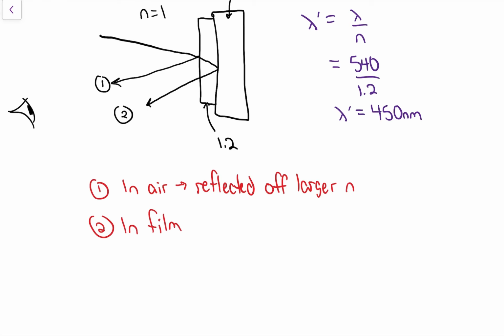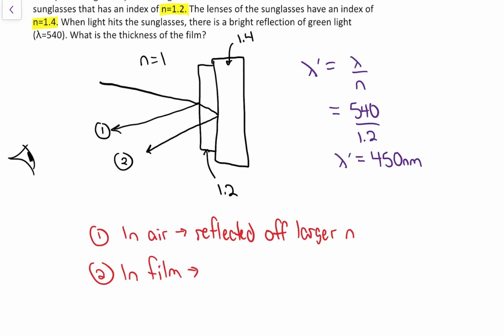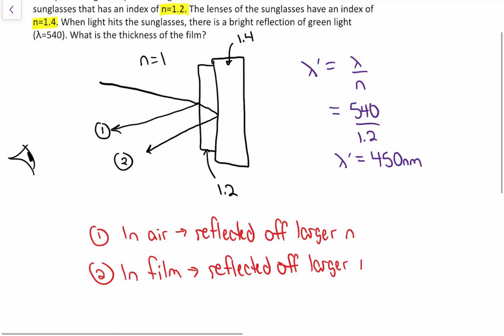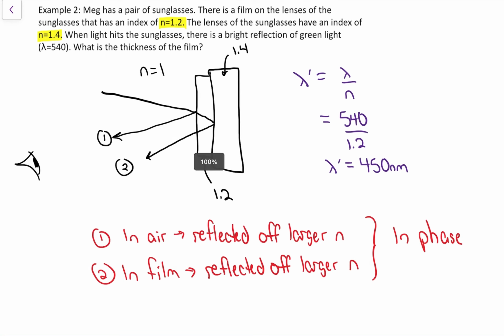Bundle of light number 2 was in the film, which happens to, in this case, be an index of 1.2, and it bounced off the lens, which was an index of 1.4. So it also reflected off a larger n. If this is all that was going on, these two bundles of light would be in phase with each other.